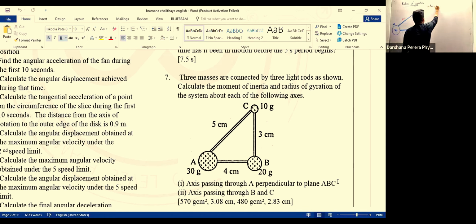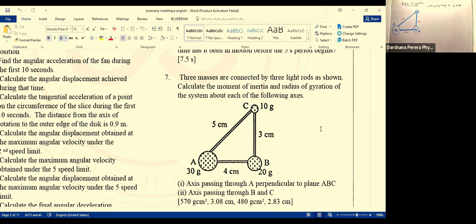Axis passing through A, perpendicular to ABC.